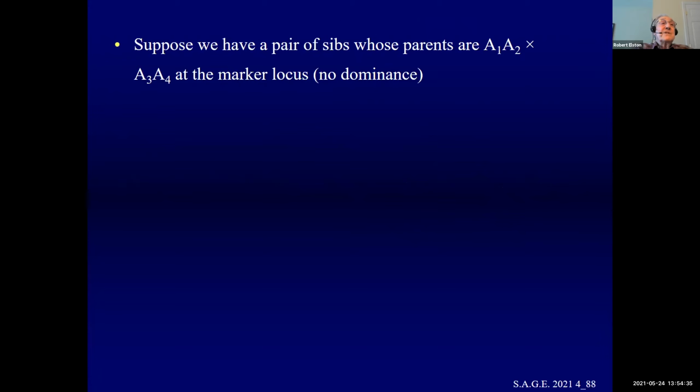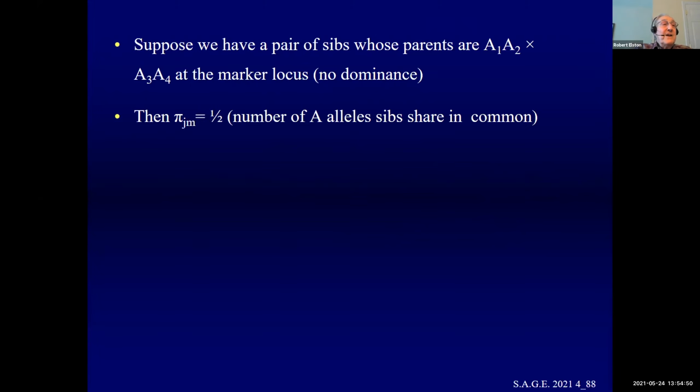So suppose we have a pair of sibs whose parents are A1A2 by A3A4 at the marker locus, and suppose there's no dominance. Then the proportion of alleles at the marker locus is a half the number of A alleles the sibs share in common.